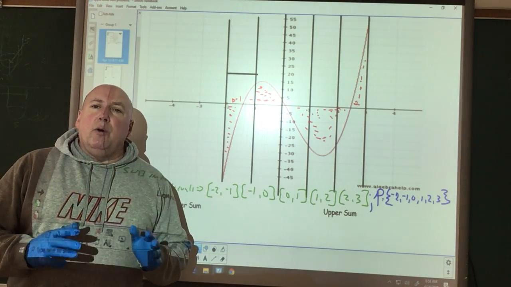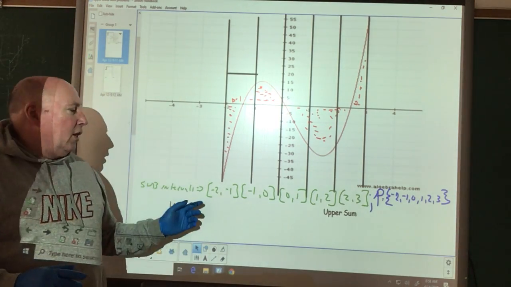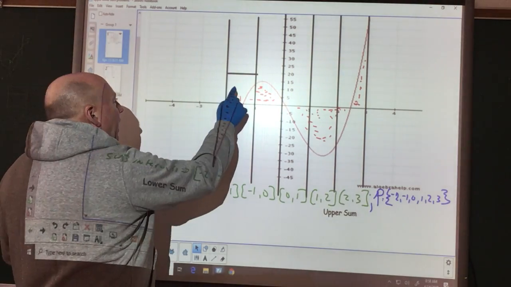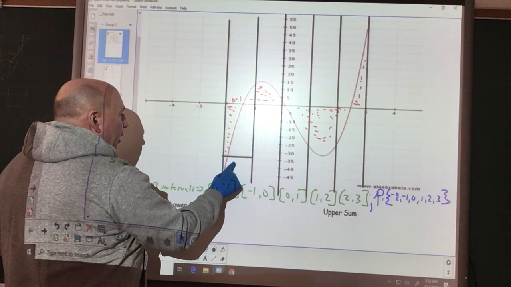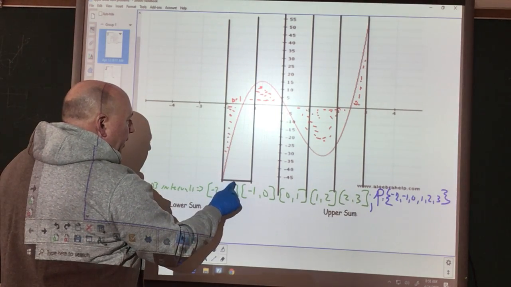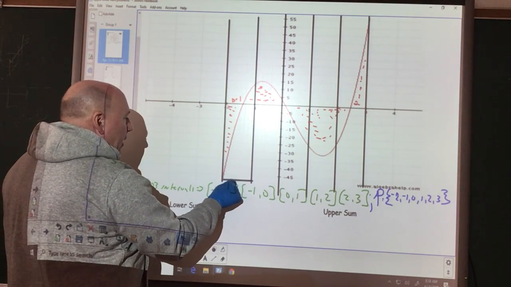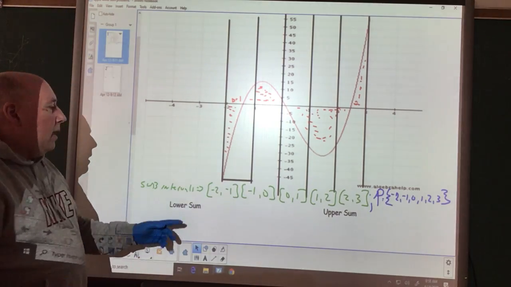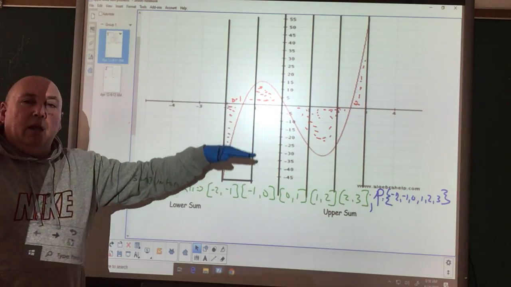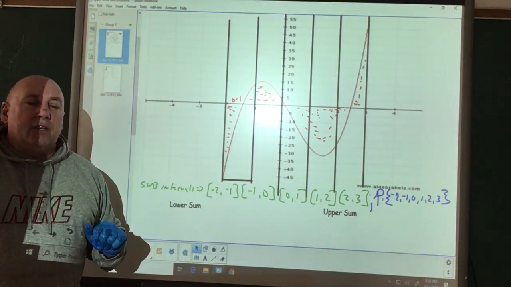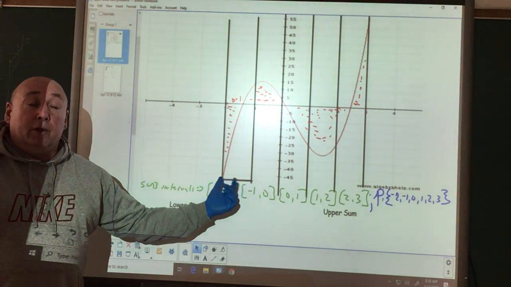Entirely below the graph of the function for the lower sum. So what I have to do is use a point on the graph and draw my horizontal line so it's entirely below the graph of the function.